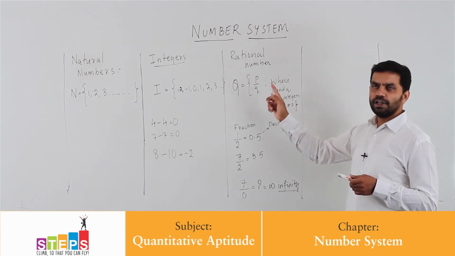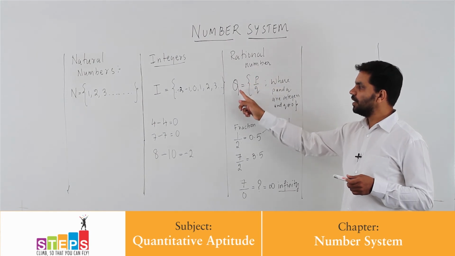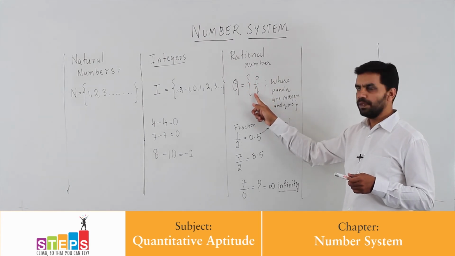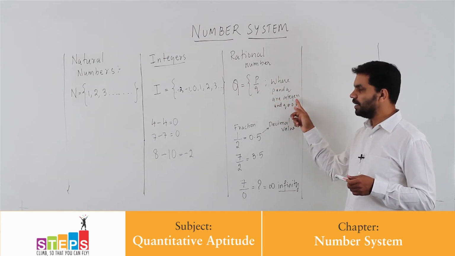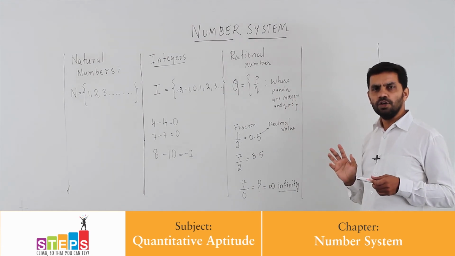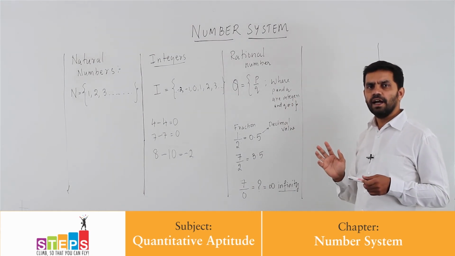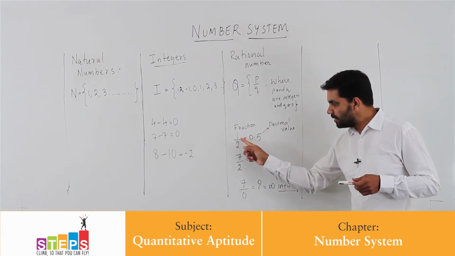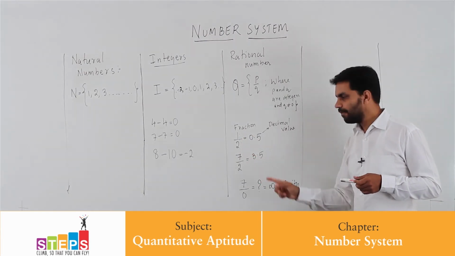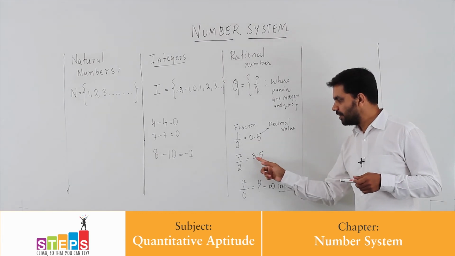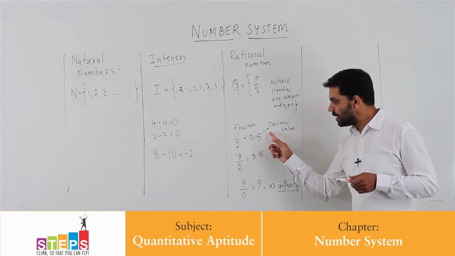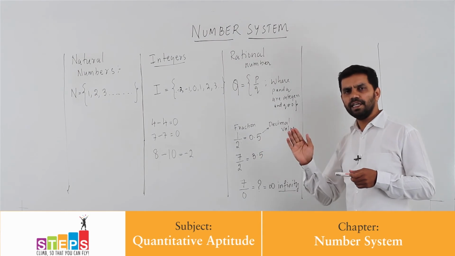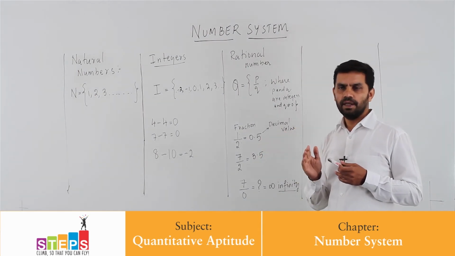Now, let us recall it. Rational numbers are the numbers which are represented as p by q, where p and q are integers and q is not equal to 0. Is that clear? And one important aspect to note here is, when a number is divided in a format like this, we get 0.5, 3.5. These decimals are terminating. Terminating means it has to stop.